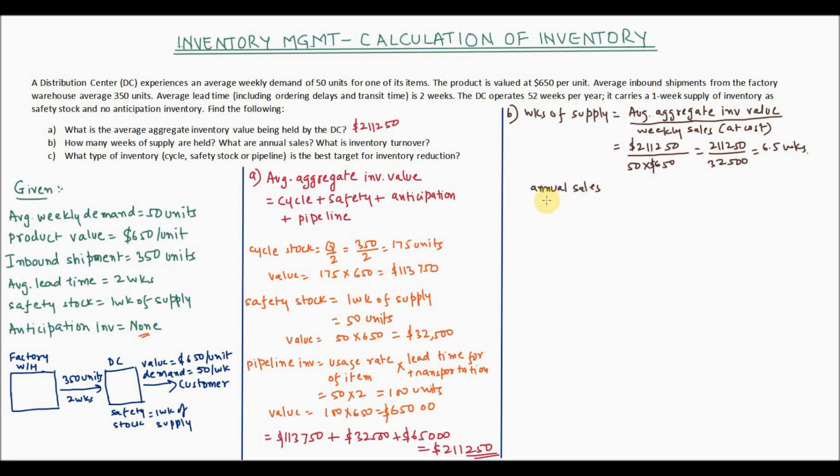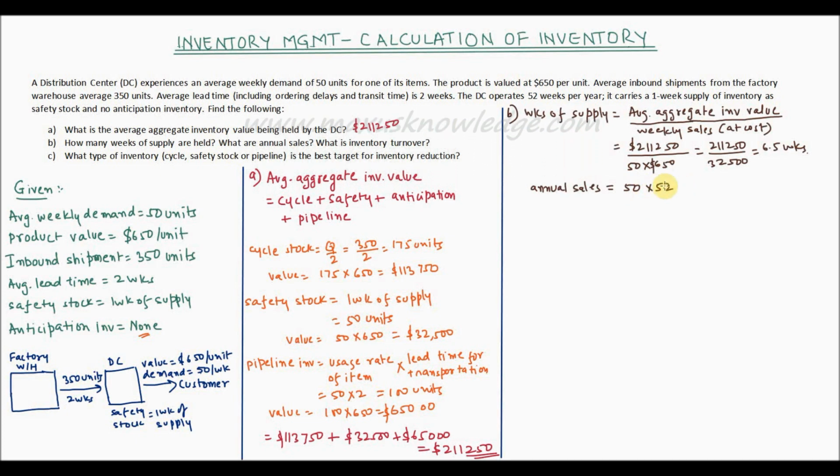Now next is annual sales. So annual sales is the amount of selling that you're doing per year. Now we have been given that there are 52 weeks that the DC is operating, and each week there is a demand of 50 units. So the yearly demand will be 50 units multiplied by 52 weeks.